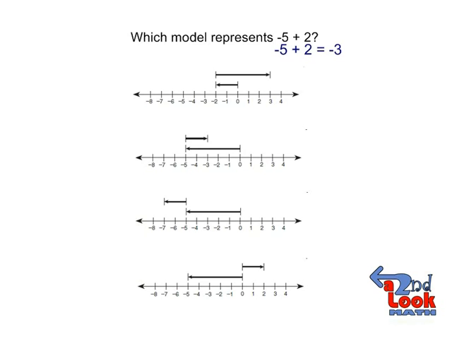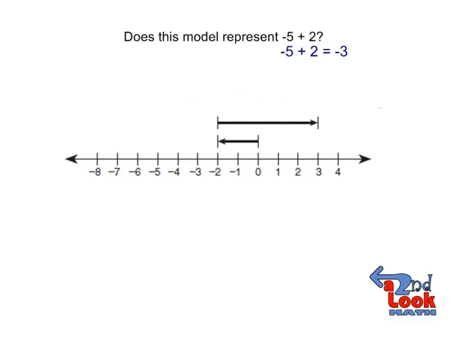Let's take a look zooming in at the first one of these representations. On this one, we have starting at 0 going down to -2. So we have a -2. Now we're going from -2 up.